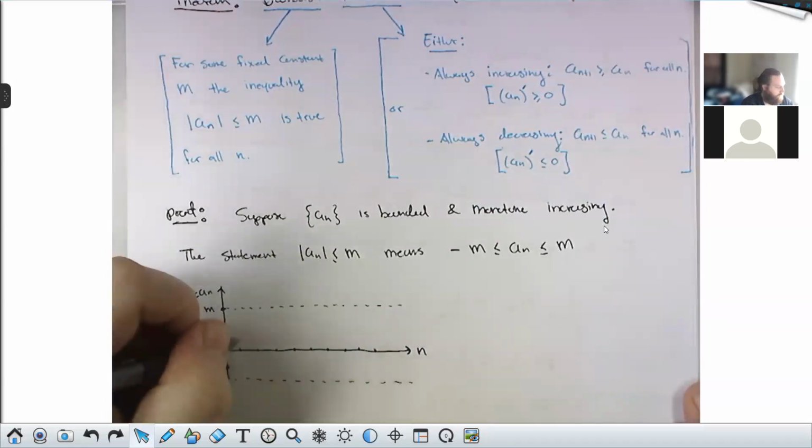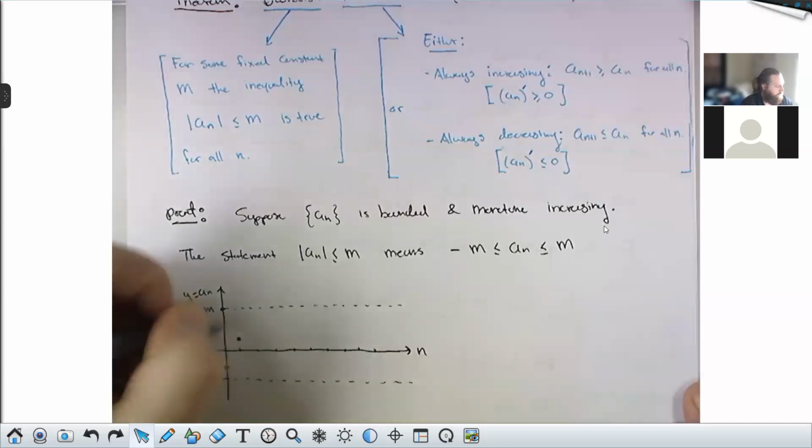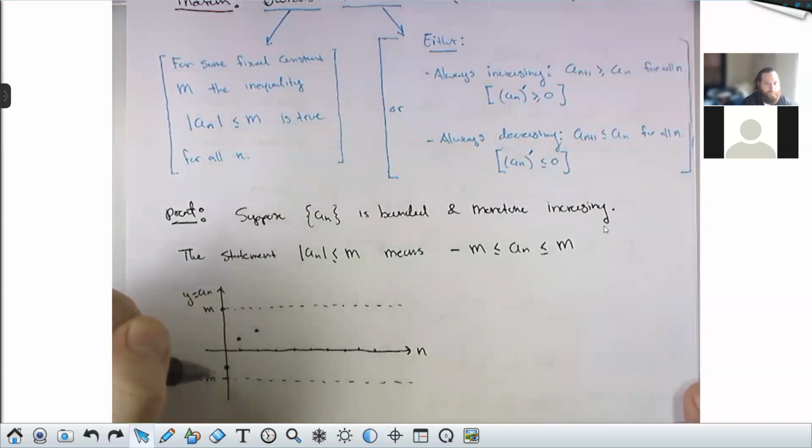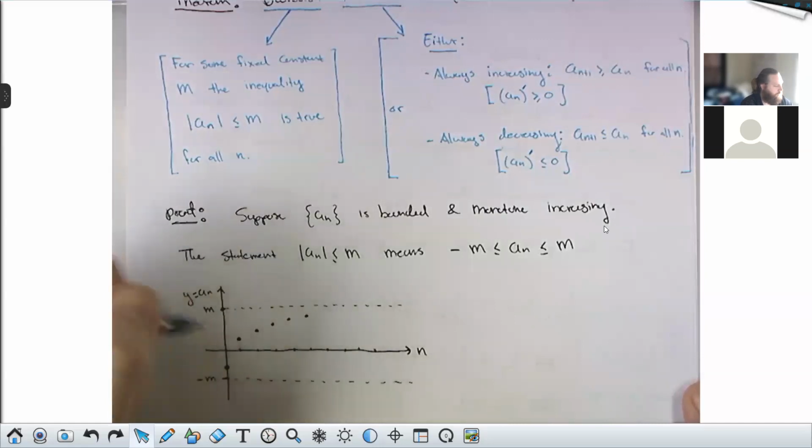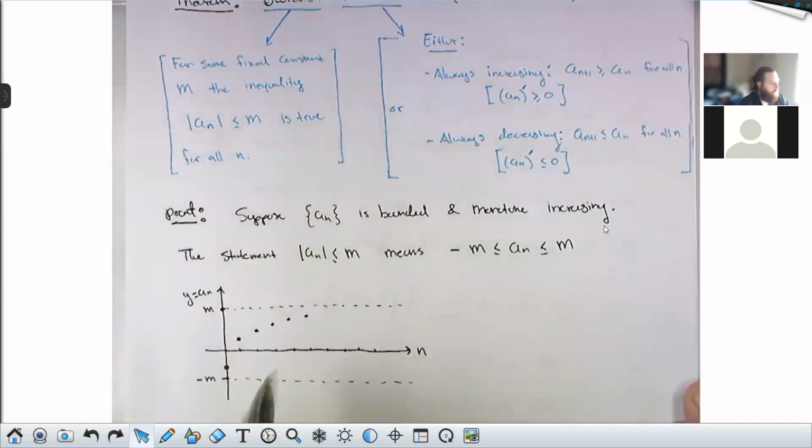Maybe a_1 is up here. Maybe a_2 is up here. I have to go up each time. I'm not allowed to go down, because I'm increasing. So the next one has to go up. The next one has to go up. It always has to go up. But I'm also not allowed to go through this ceiling.